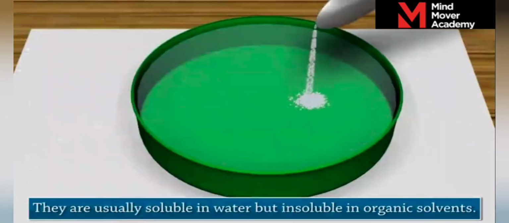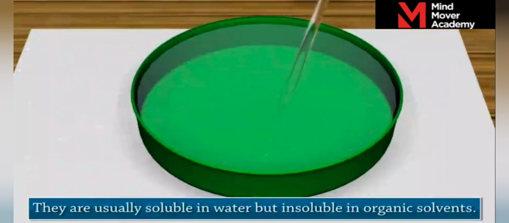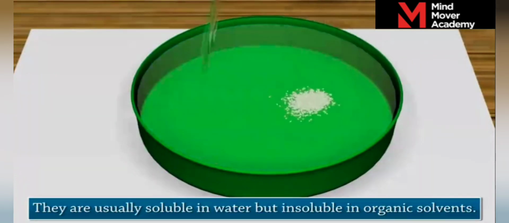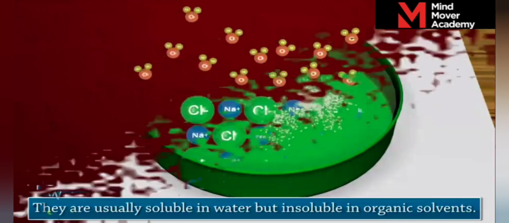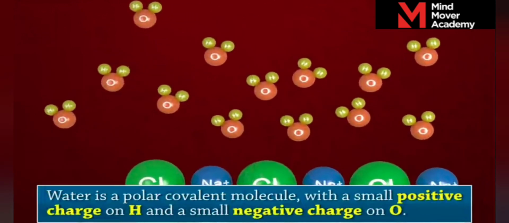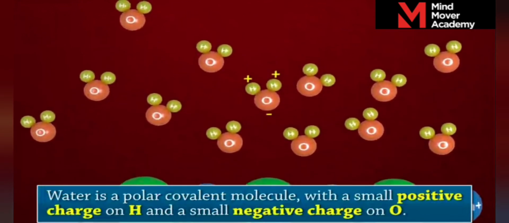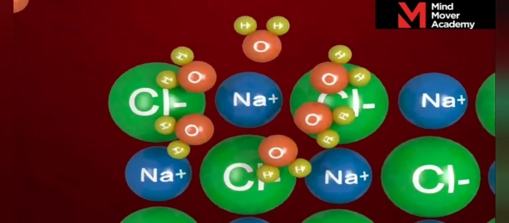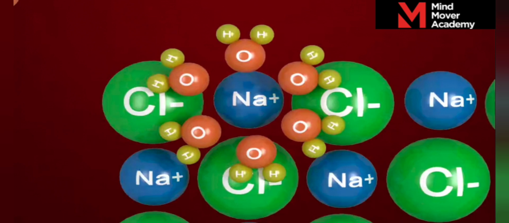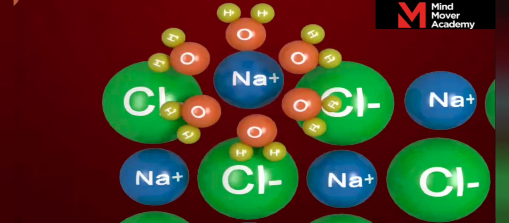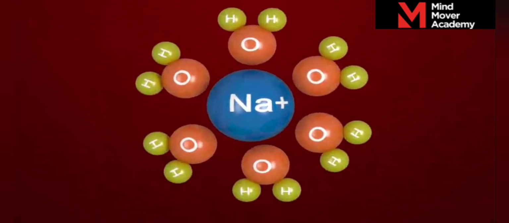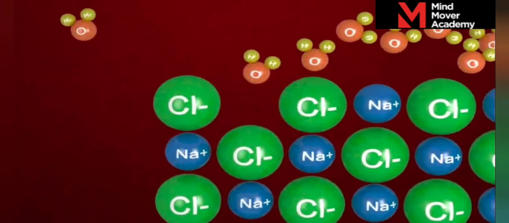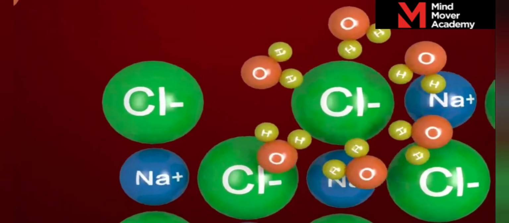They are usually soluble in water, but insoluble in organic solvents. Water is a polar covalent molecule with a small positive charge on H and a small negative charge on O. When water molecules come close to a crystalline surface, the negative ends of the molecules, O, pull the cations, and the positive ends, H, pull the anions.